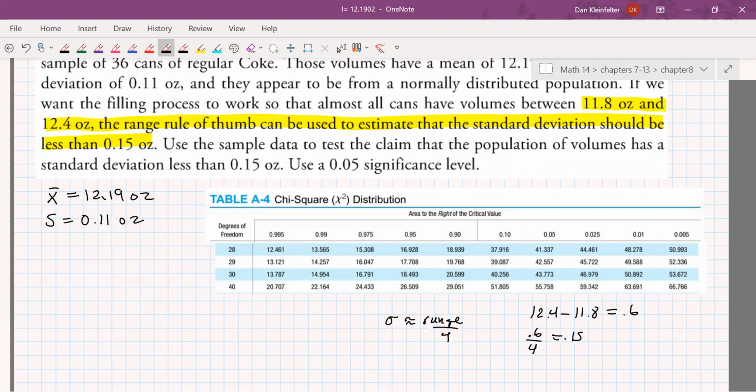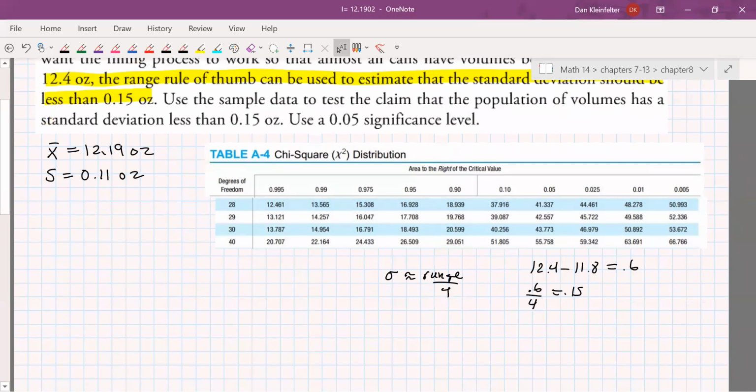Okay, so it says use the sample data to test the claim that the population of volumes has a standard deviation less than 0.15 ounces. We'll use a 0.05 significance level. So where we'll begin then is picking out hypotheses and then making a picture. So the null hypothesis and alternative hypothesis.